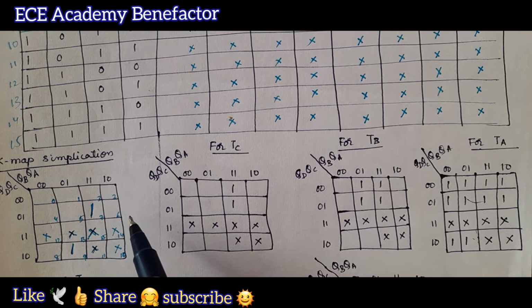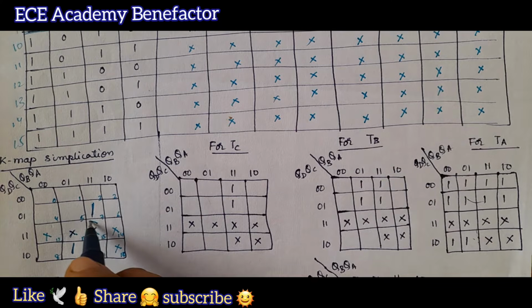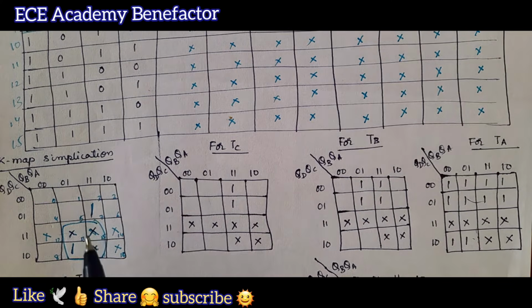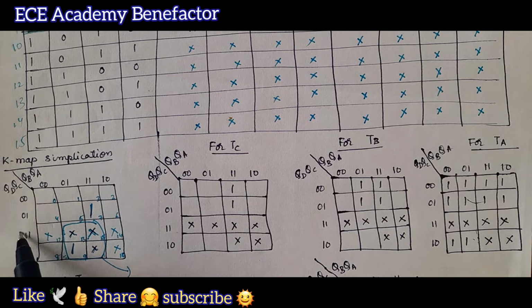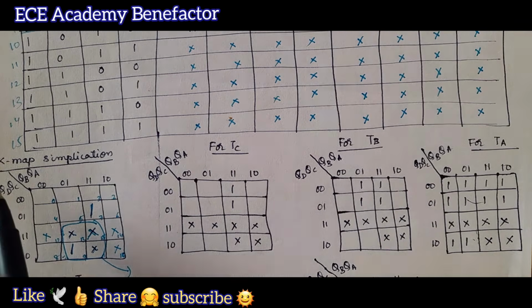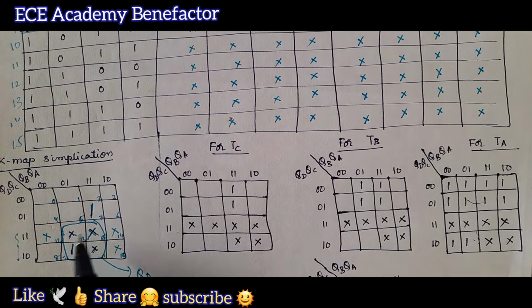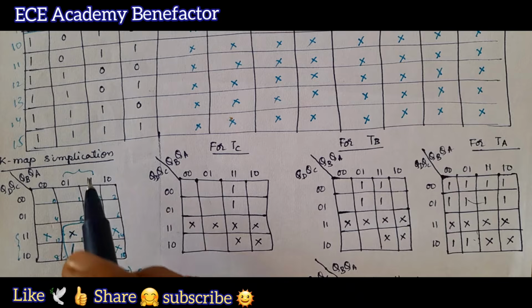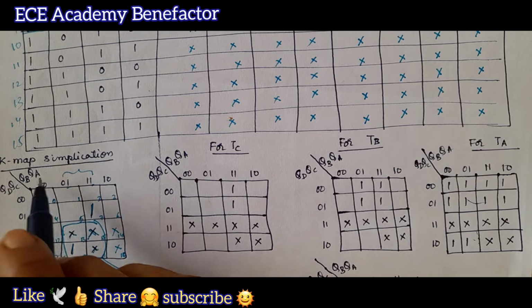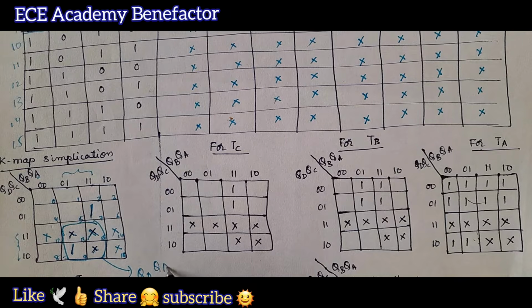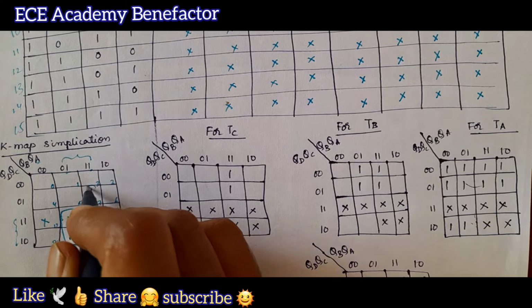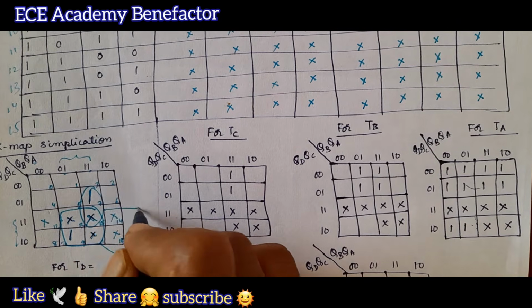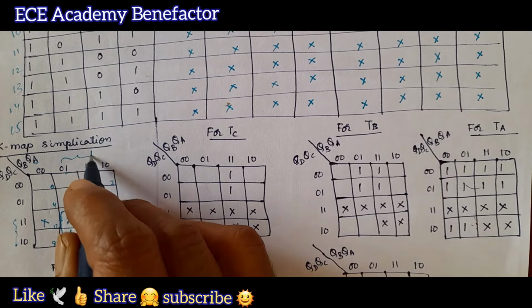So what possibility of pairing is possible here? We can make one quad here. What is this quad name? For these two we need to look here. Here 1 is common. What is 1 here? QD. For these two columns, what is common? 1. So what is 1 here? QA. So for this quad, the term comes to be QD QA, and we can form one pair here. For this pair we need to look at this column.